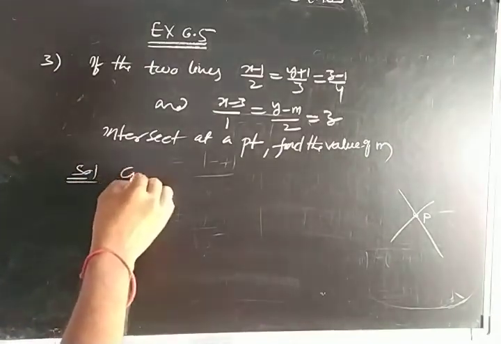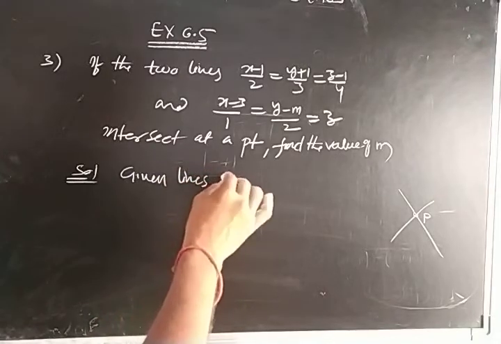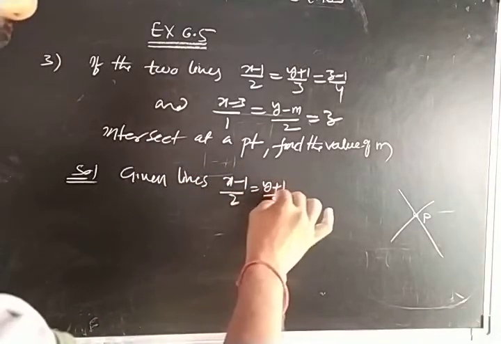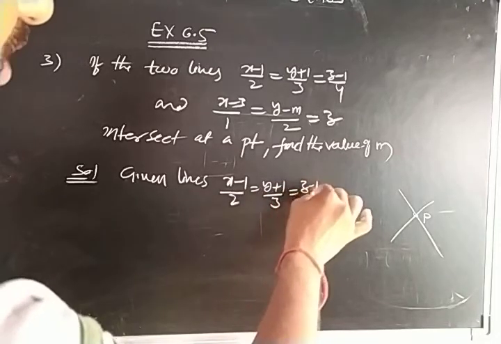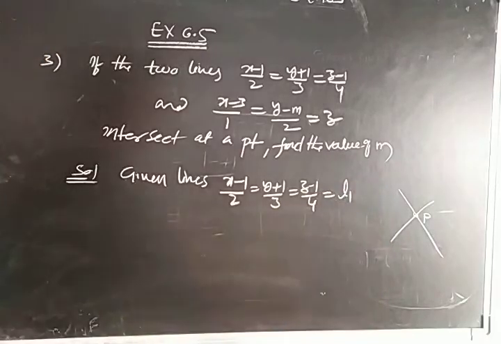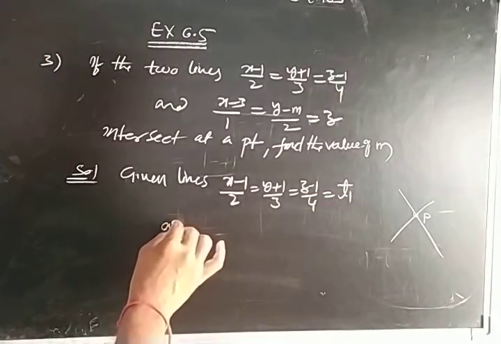Solution: given lines. The first line is (x minus 1) by 2, (y plus 1) by 3, (z minus 1) by 4 is equal to, I am taking as T1. So you will get any point on this line.